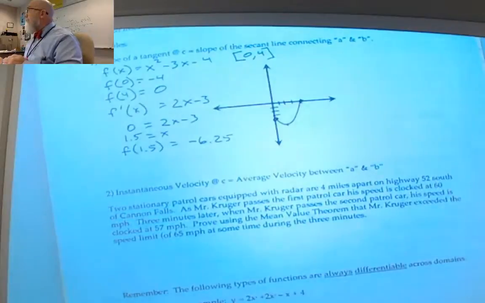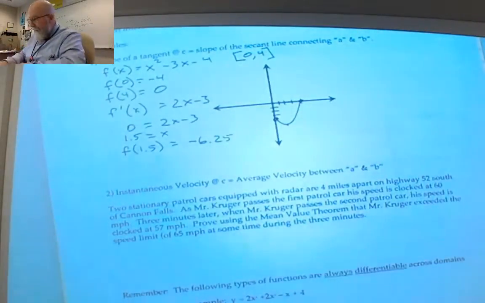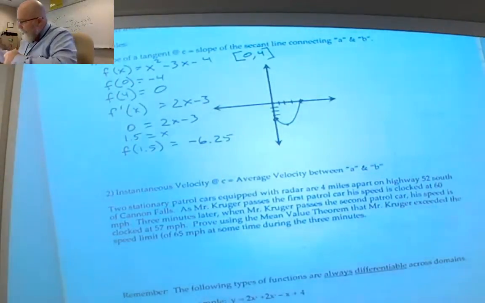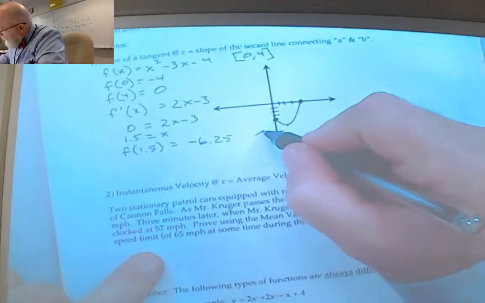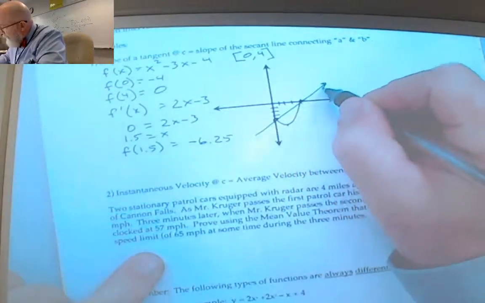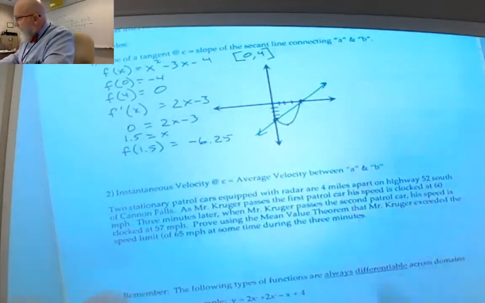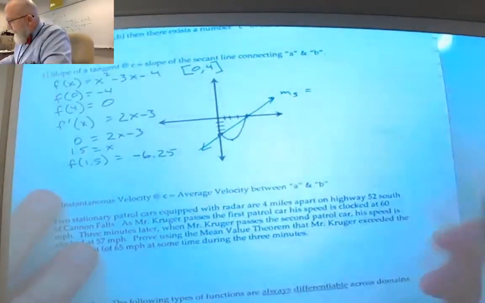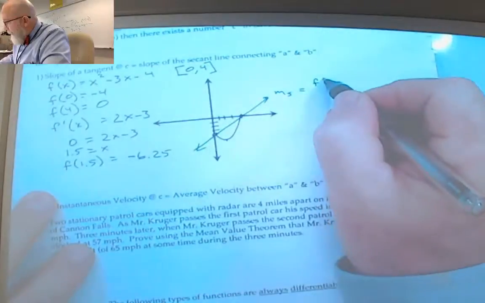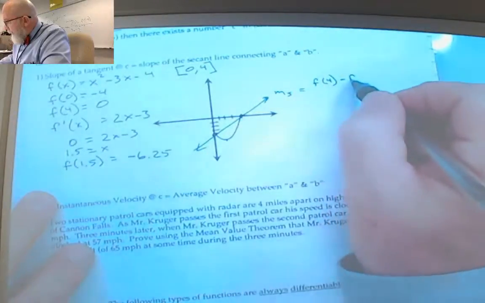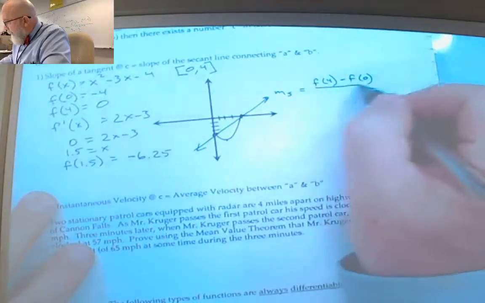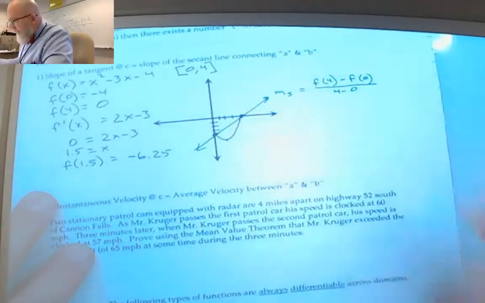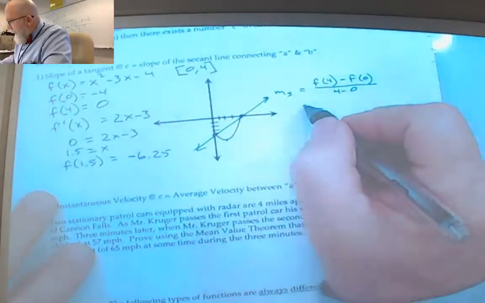I can create a secant line by connecting those two points. I can figure out the slope of that secant line by taking f of 4 minus f of 0 over 4 minus 0.